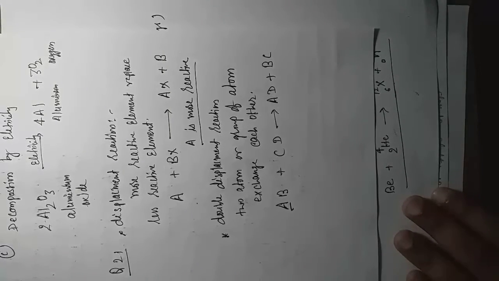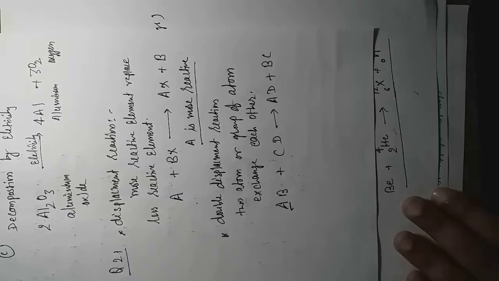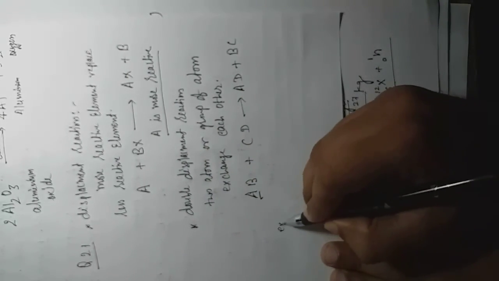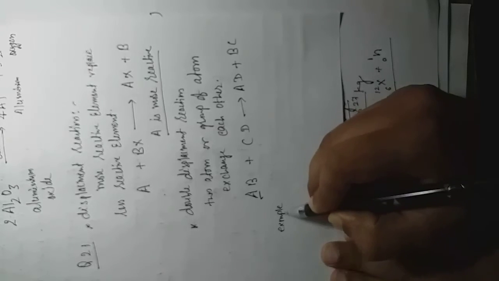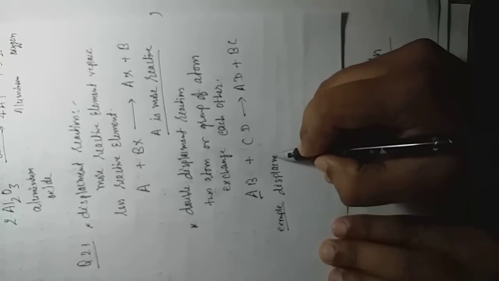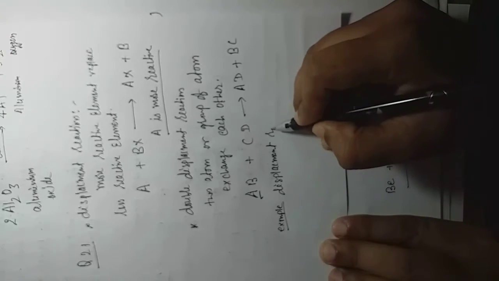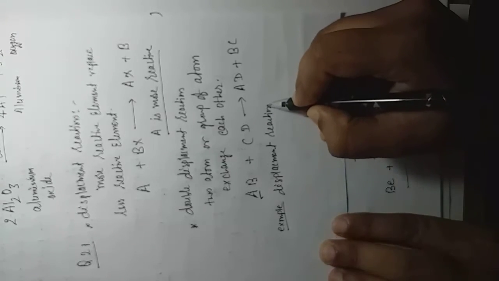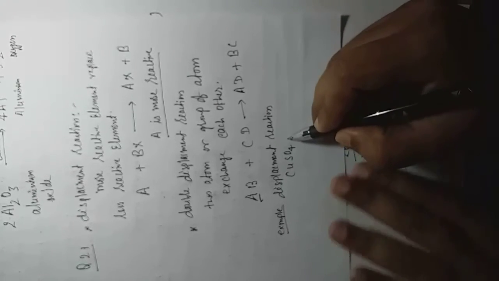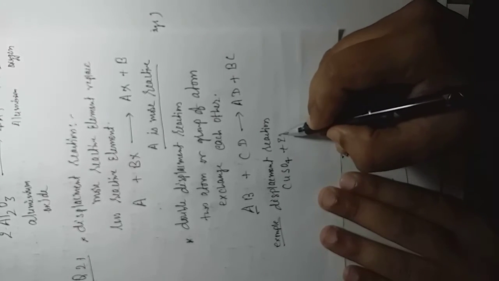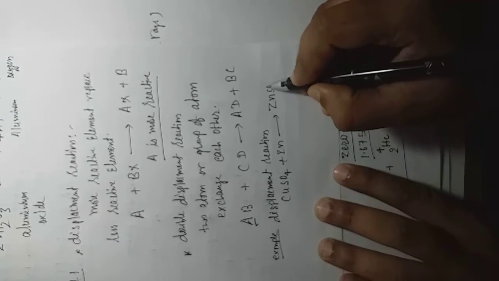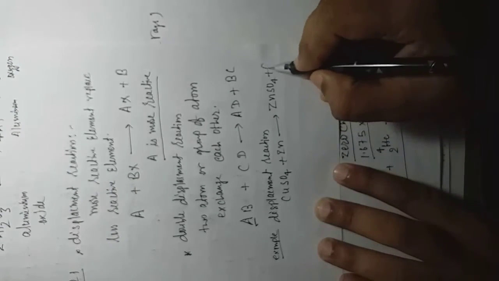If you want, I will provide an example for both the terms. Example of displacement reaction is CuSO4, which is copper sulfate, which we already discussed in the chapter. It reacts with zinc, and forms ZnSO4 plus copper.